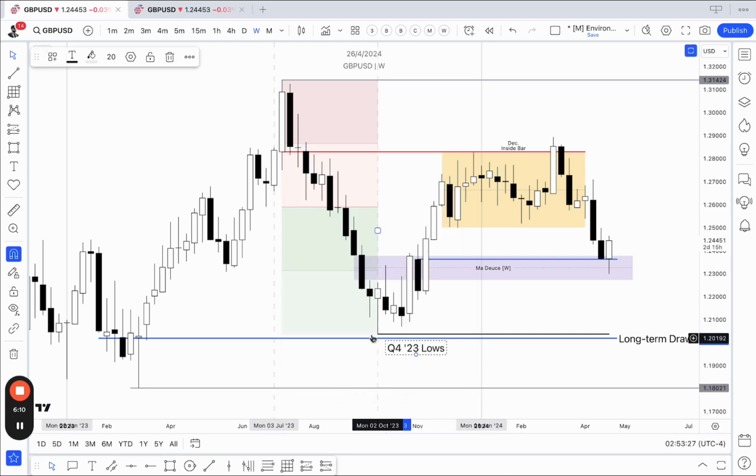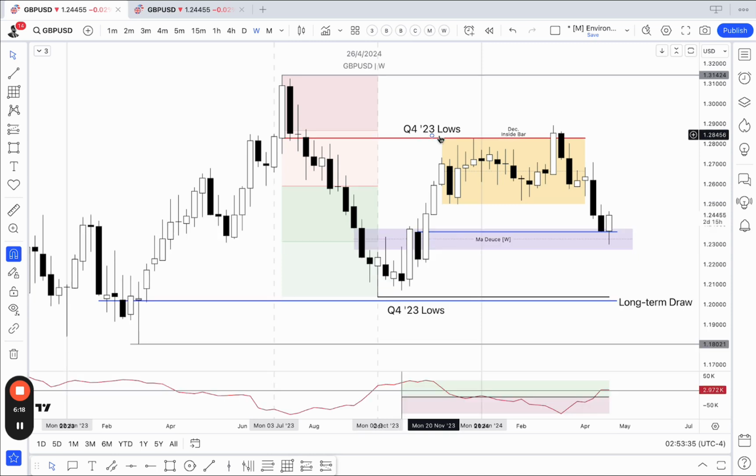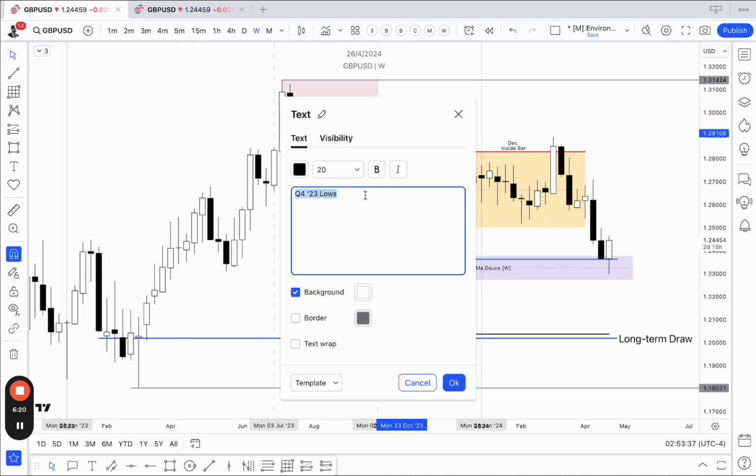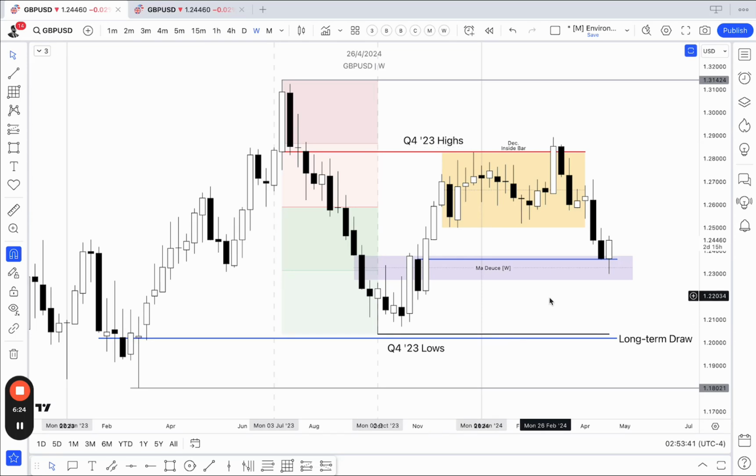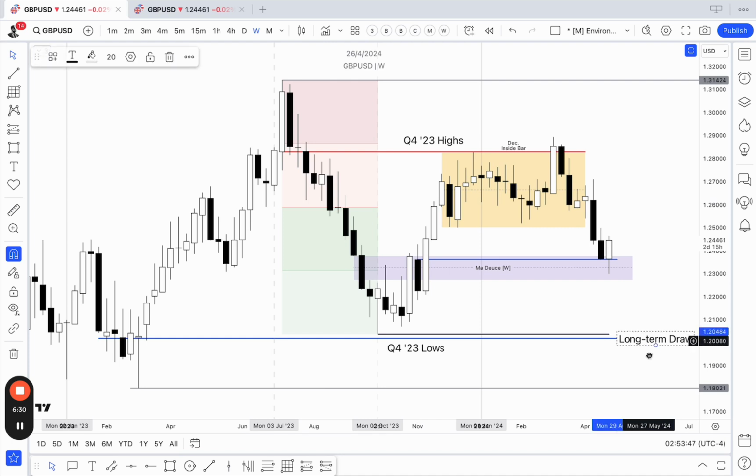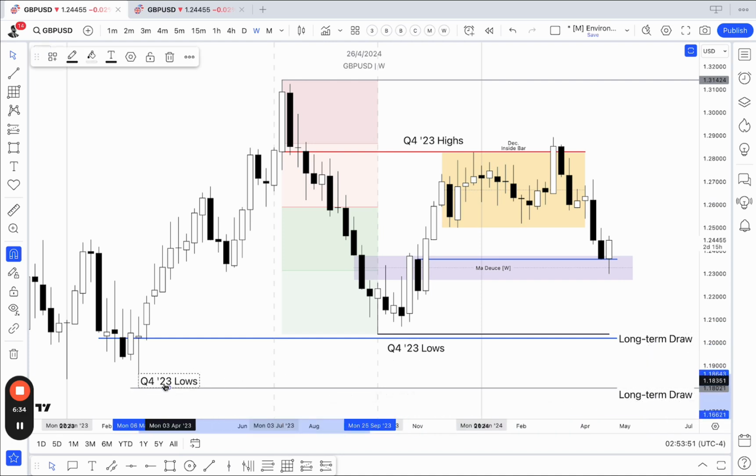See how price took the lows there in Q4 2023, and you also have Q4 2023 highs getting raided. So it's already met some sort of intermediate-term target by coming back down into discount. The next one would be these lows here, and these are more of a long-term draw. This would be the 2023 lows.